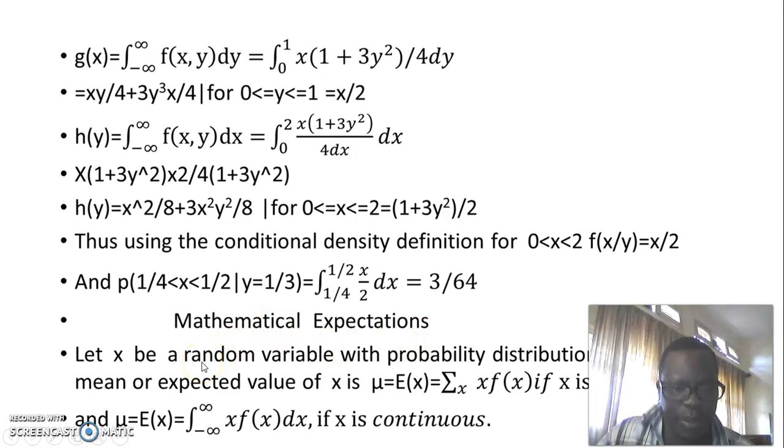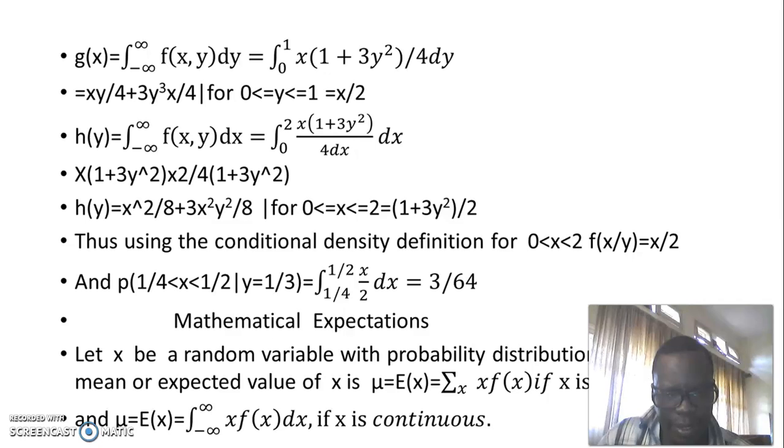Our next topic is going to be mathematical expectations. Supposing we let x be a random variable with a probability distribution f of x, then the mean or the expectation value is the product of x times f of x.